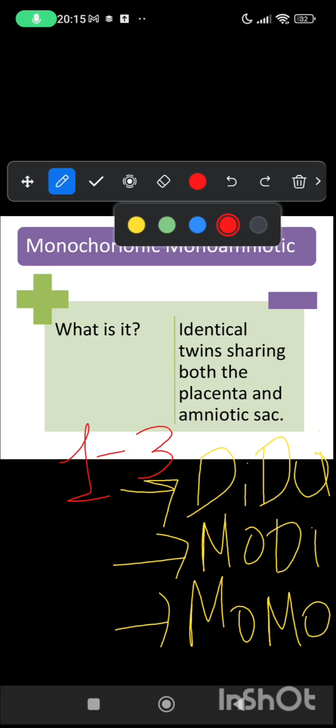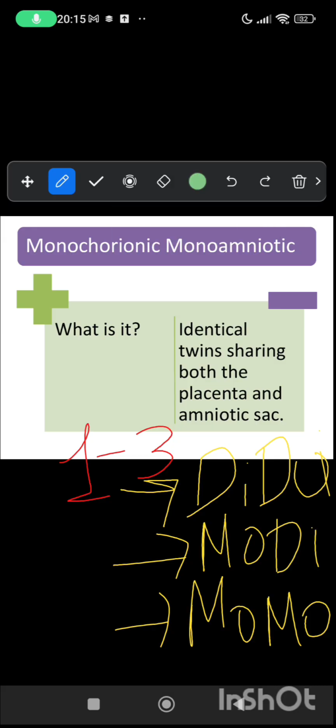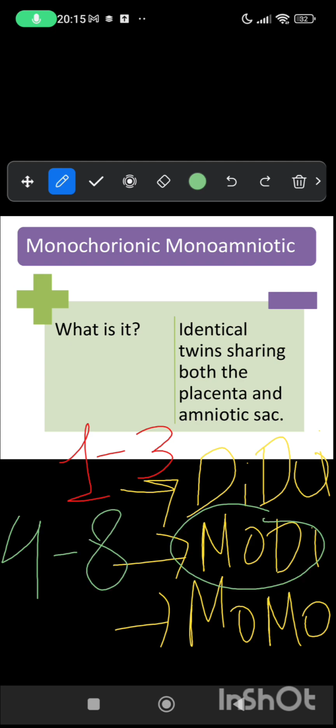If the separation happens between 4 to 8 days, then it results in monochorionic and diamniotic. How many placentas will there be in monochorionic diamniotic? One placenta.